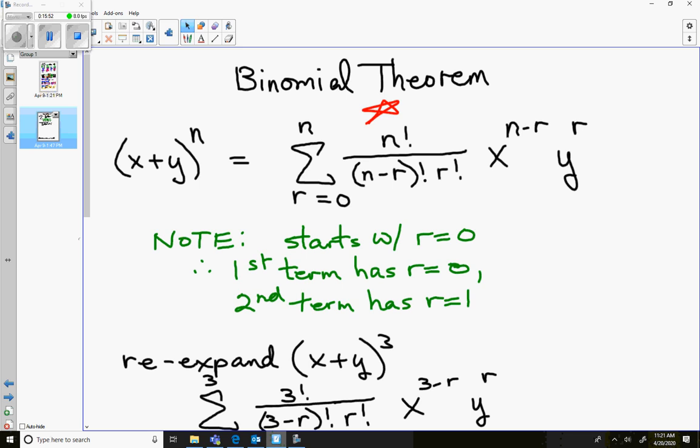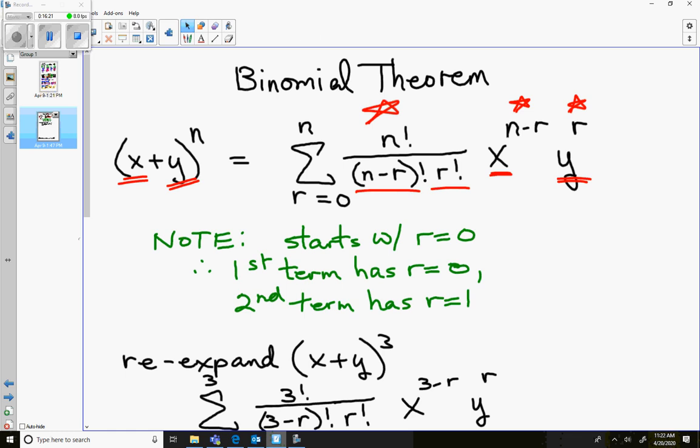And then x is your first term, y is the second term. Notice what the exponent of x is: n minus r, that's this first part here. The exponent of the second one is r, that is that part right there. That is your formula.